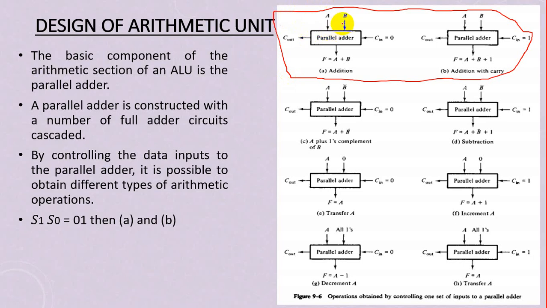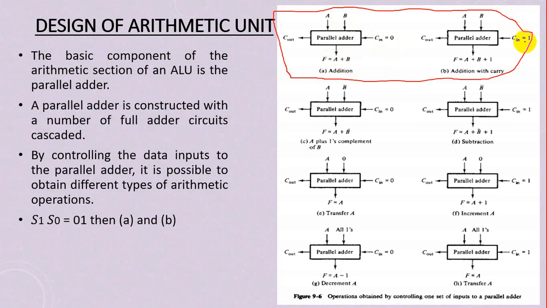In the design of the arithmetic unit, we only do the variation in the B input. We don't change the A input. So in the first case, when S0, S1 are 0, 1, we don't change the inputs A and B. We keep them as they are. Look over here. When the carry in equals 0, the result becomes A plus B, simple addition.